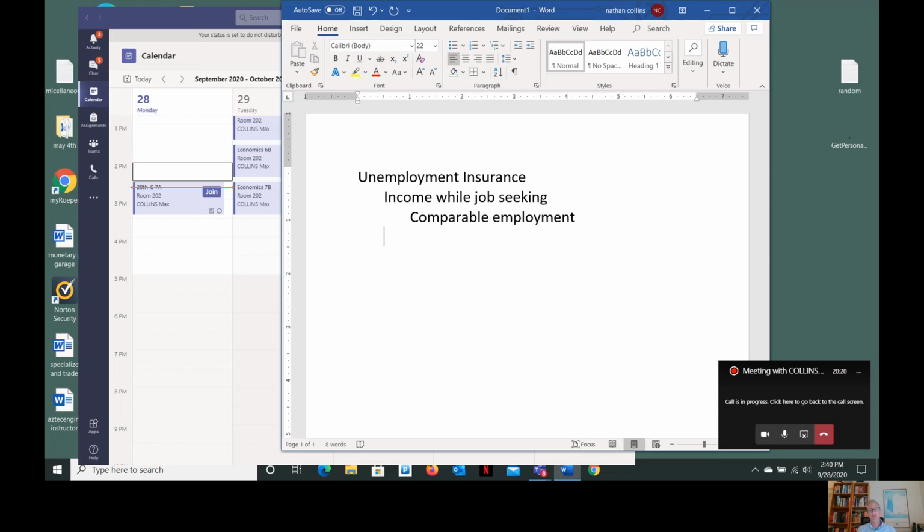Unemployment insurance is temporary. You cannot go on and on looking for a job until you find one that you absolutely adore. Sooner or later, it will run out. And typically, you have between maybe 6 to 18 months to find another job that is comparable before the unemployment benefits run out. So be aware of that.